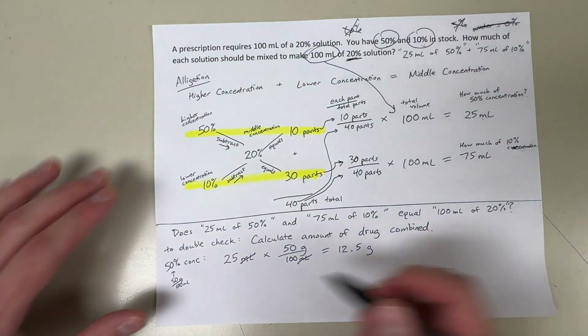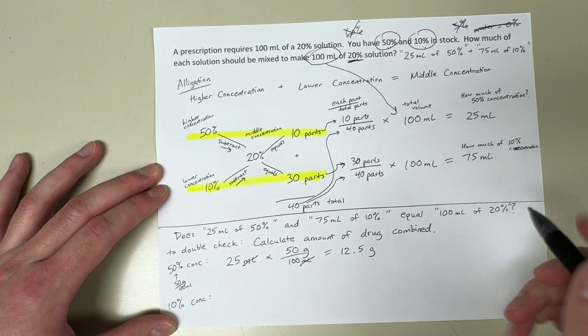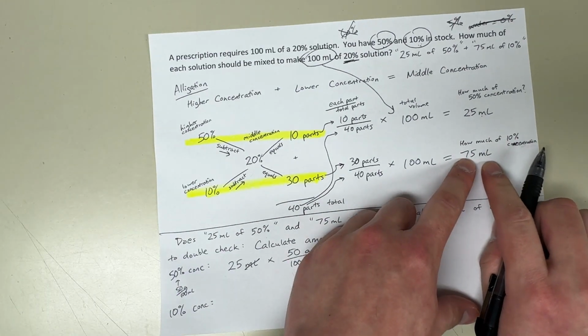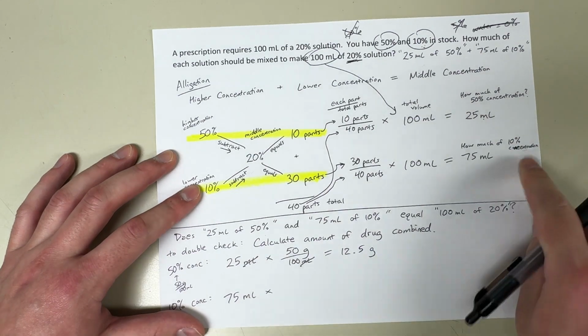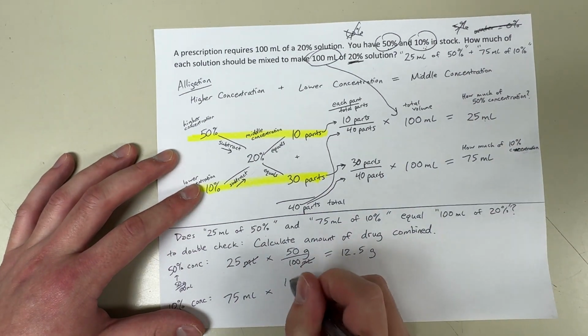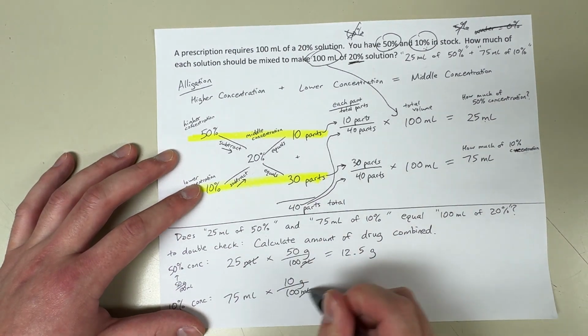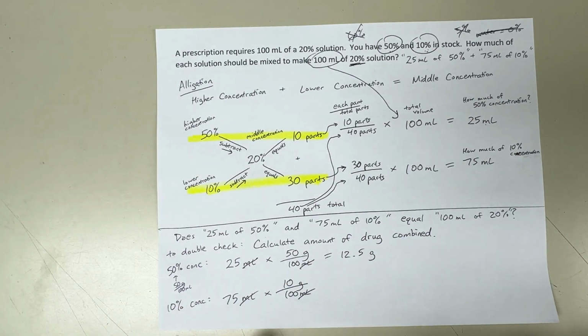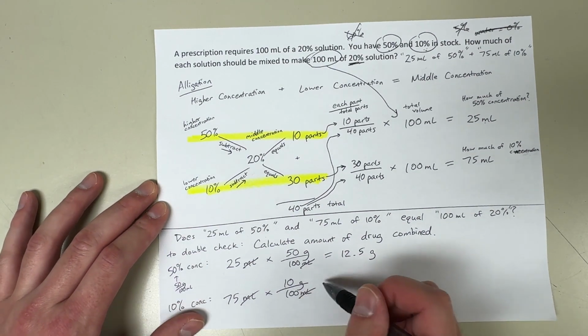So I'm going to do the exact same thing for the 10% concentration. So I calculated 75 milliliters that I'm going to use of the 10% concentration. And then when I multiply these together, I get 75 times 10 over 100.